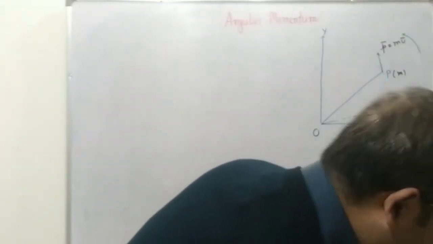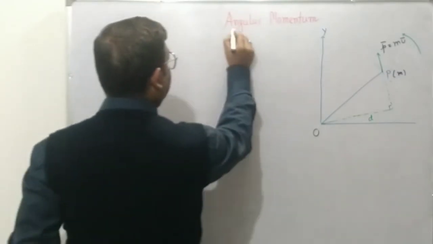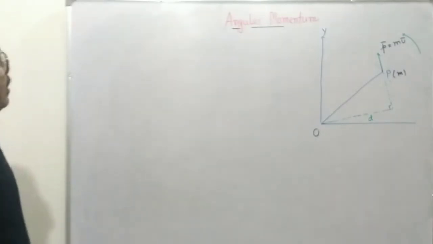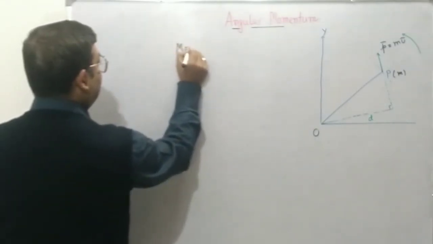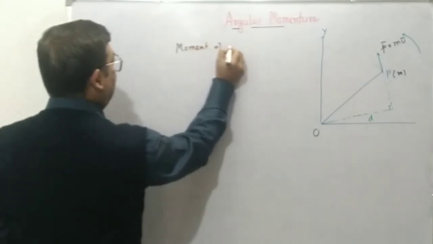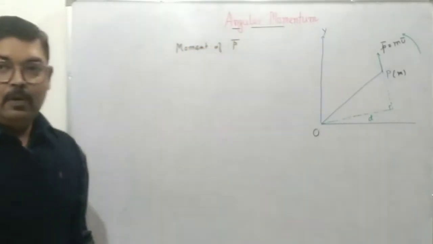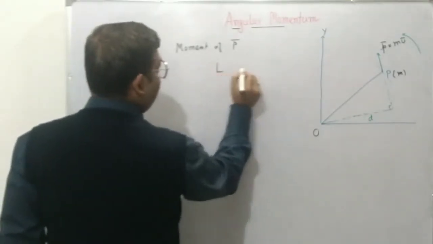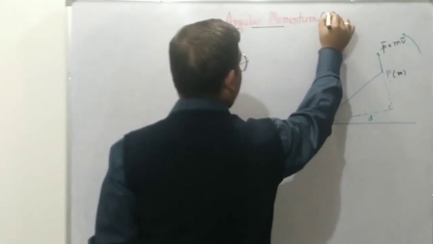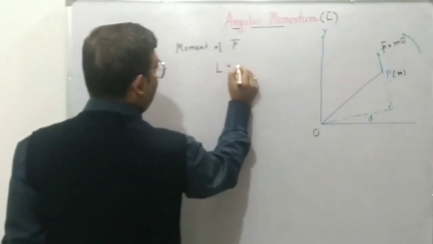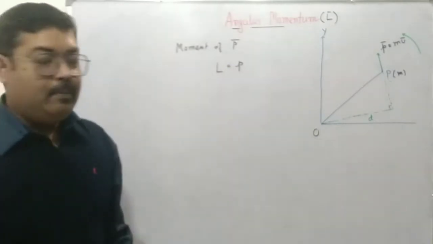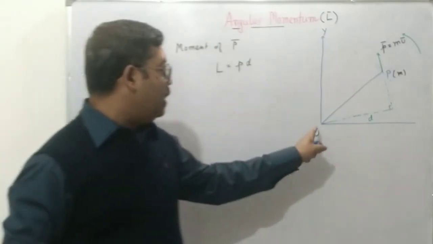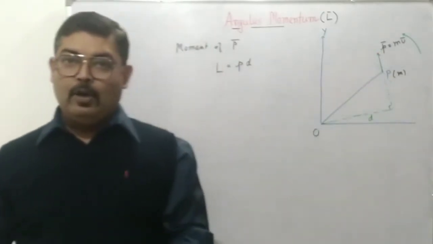So by definition, angular momentum is nothing but the moment of linear momentum, which means in magnitude, the angular momentum, given by capital L vector, will be the magnitude of linear momentum multiplied by the perpendicular distance between the axis of rotation and the momentum vector, extended.